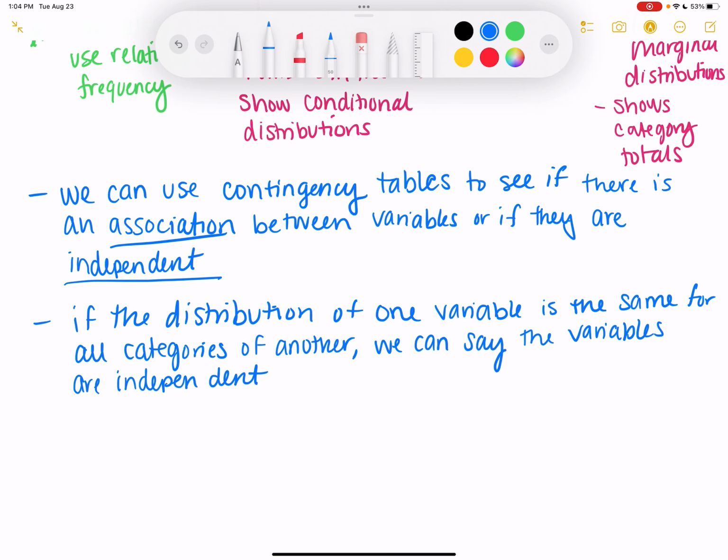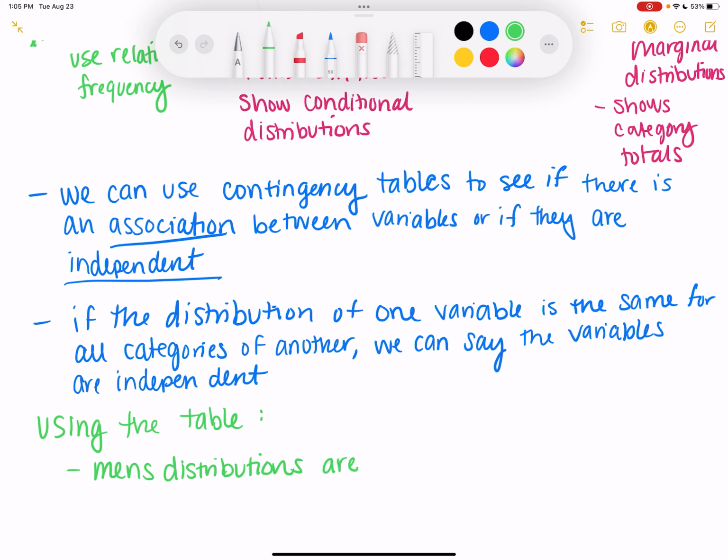All right, so using the table, the men's distributions, and you will end up doing a lot with contingency tables in this chapter, probably the most out of all of the stuff that we'll do.